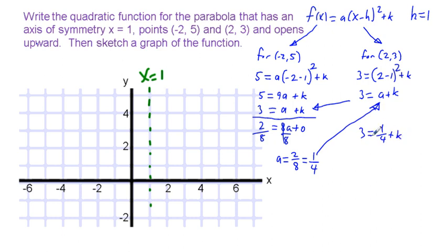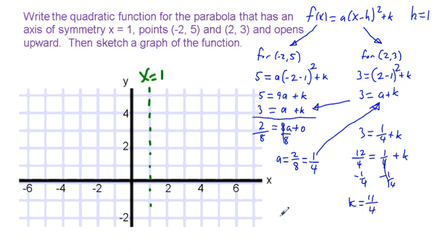How many fourths do we have in 3? We have 12 fourths equals 1/4 plus k. If we subtract 1/4, k is equal to 11 fourths.